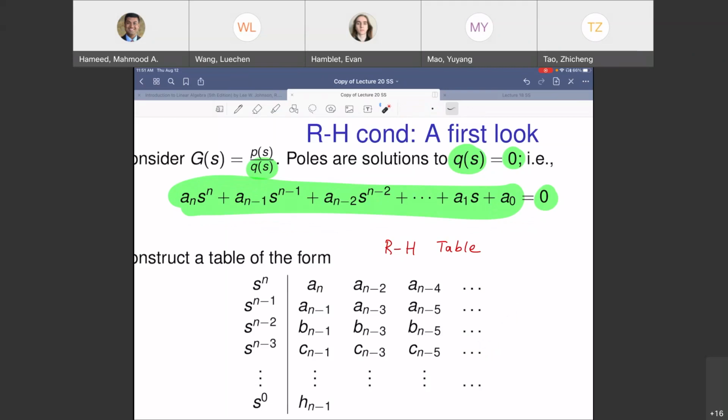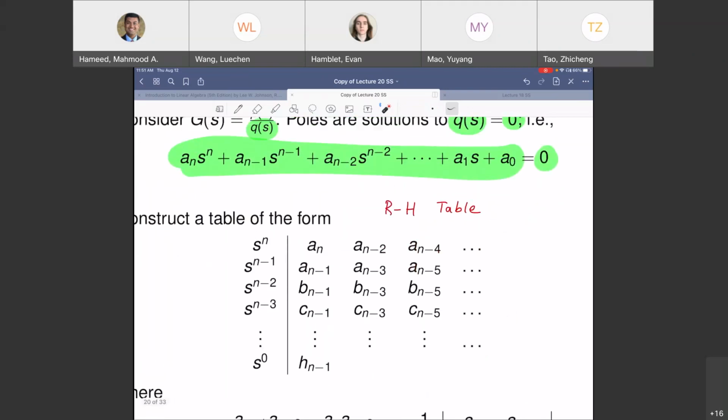How are you going to do that? Well, first fill out the leftmost column, which is simply decreasing powers of S. So S raised to n all the way to S raised to 0. This will essentially give you the first column. Next, you need to fill out rows.